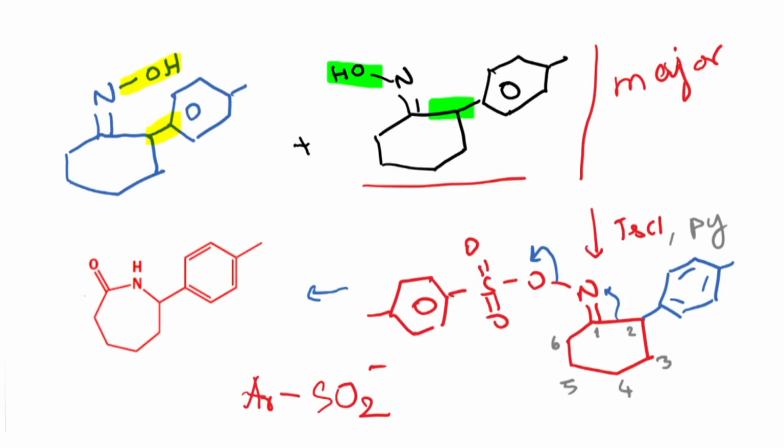Looking at the numbering here, there's a new bond between carbon 2 and nitrogen that is formed, and carbon 2 is still connected to the phenyl ring. Basically, the position of product formation is determined by the group that is anti to the leaving group. Since the oxime formation determines the fate of the reaction, we get only one product where the carbon 1,2 bond is broken.